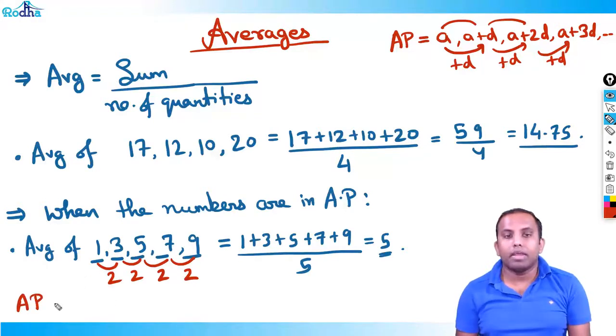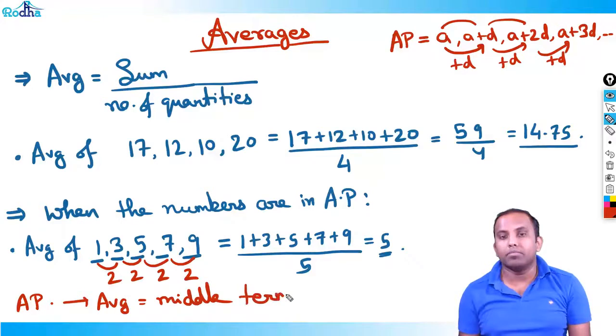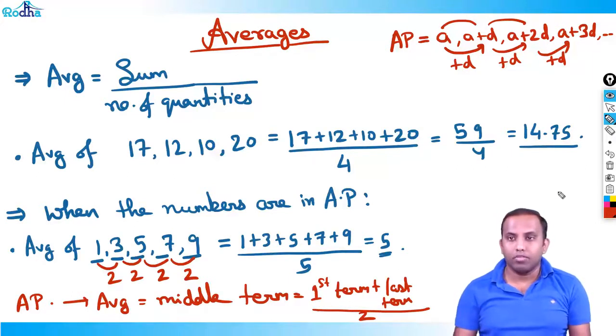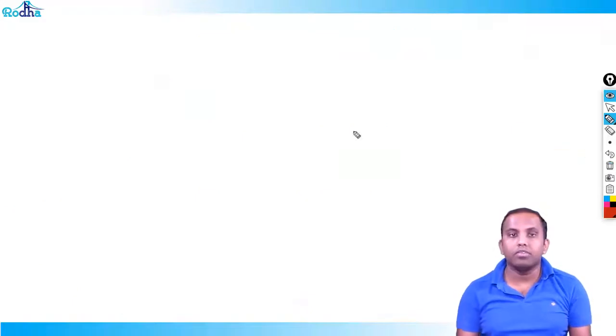That is, when numbers are in AP, average is always the middle term. Okay, and the middle term is calculated by first term plus last term divided by 2. Okay, now we'll discuss this funda in the next slide.